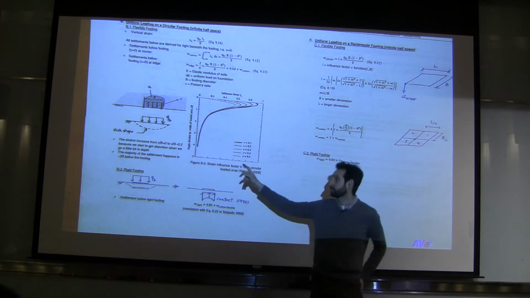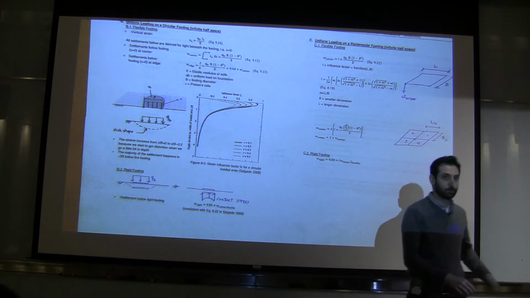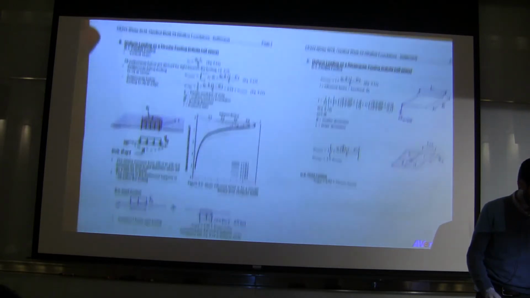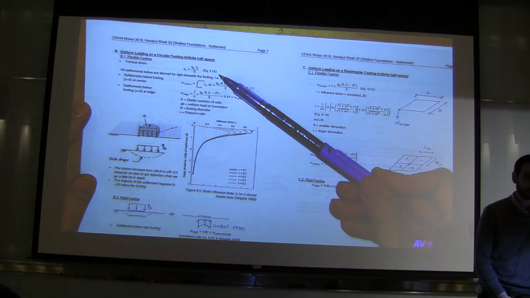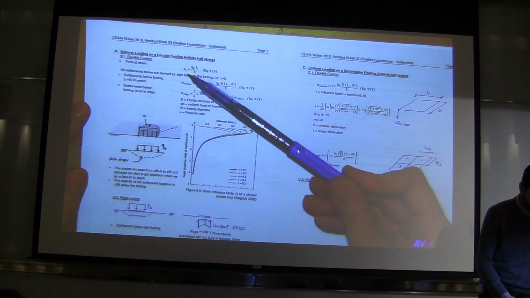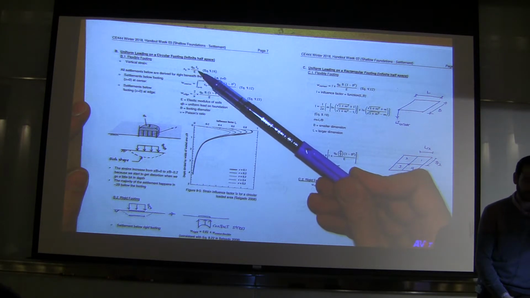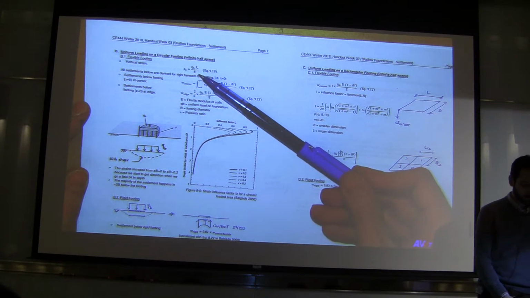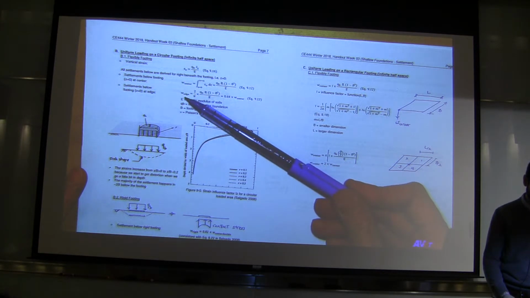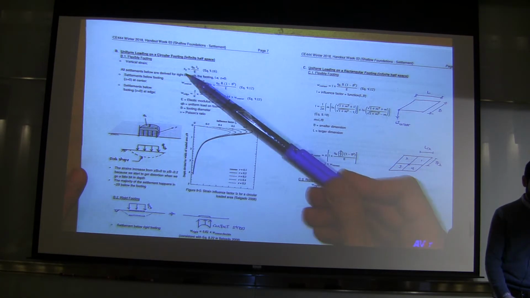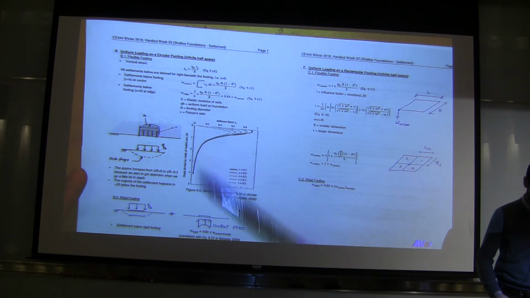What is that figure telling us? How do we use I sub z? It shows up in that vertical strain equation, right? Right there. Strain equals QB divided by elastic modulus times I sub z, and then somebody integrated that strain and came up with the settlement equations. So strain depends on I sub z, and I sub z is plotted here versus depth.